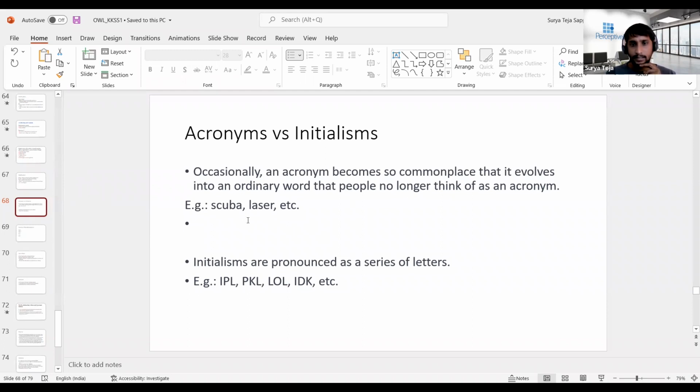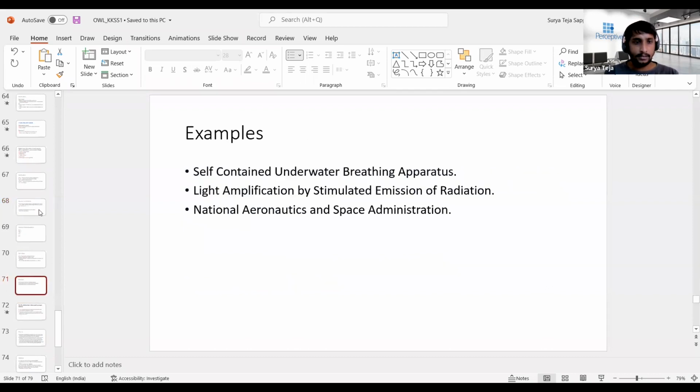There are certain other things, for example, even scuba. Scuba is not actually a normal word. Scuba is an abbreviation. In general, people use it in small case letters, but actually SCUBA has to be capitalized because it is an acronym of, one second, I'll just see the name. Yeah.